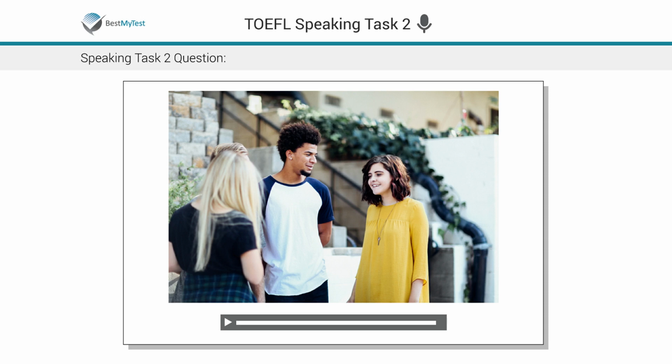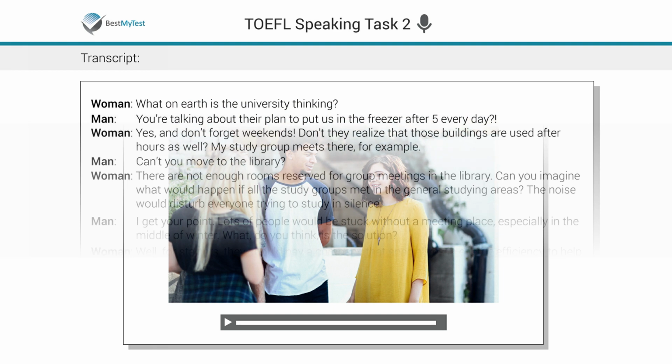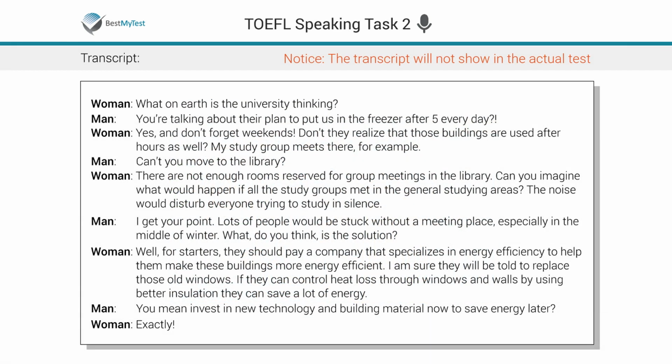Now listen to the two people discussing the passage you just read. What on earth is the university thinking? You're talking about their plan to put us in the freezer after 5 every day? Yes, and don't forget weekends. Don't they realize that those buildings are used after hours as well?